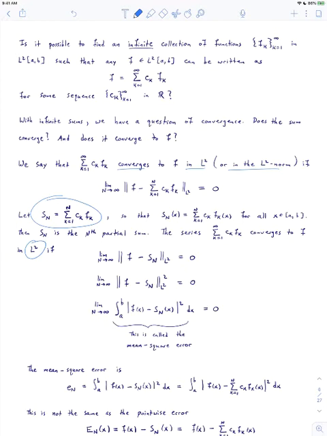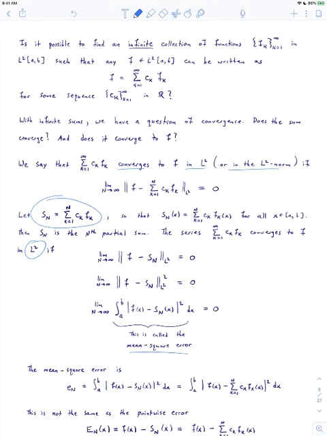This is called the mean square error. We'll denote it by e sub n, lowercase e sub n, and it's just equal to this quantity, the integral of the difference squared. The mean comes from the fact that you're integrating, and it's the square error because you're looking at the error and squaring it, and then you're computing some integral average.